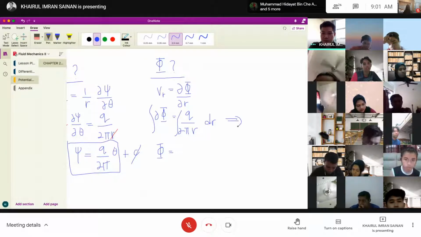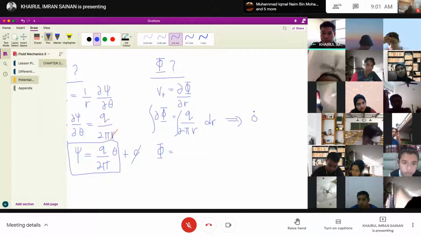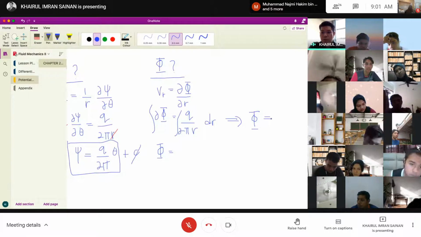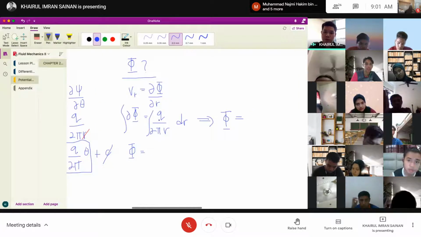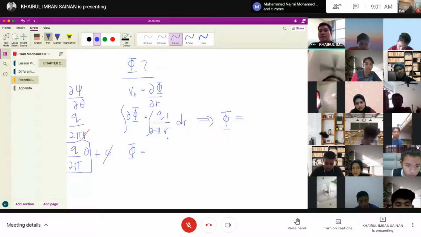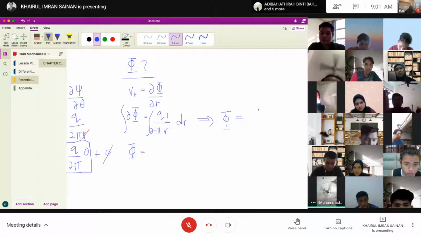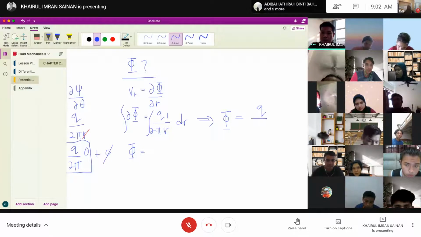Del phi integrated becomes phi, and you have Q divided by 2 pi R. It's actually 1 over R here that you need to integrate. What is the integration of 1 over R? Anyone remember? ln R. Yeah, ln. So Q divided by 2 pi ln.